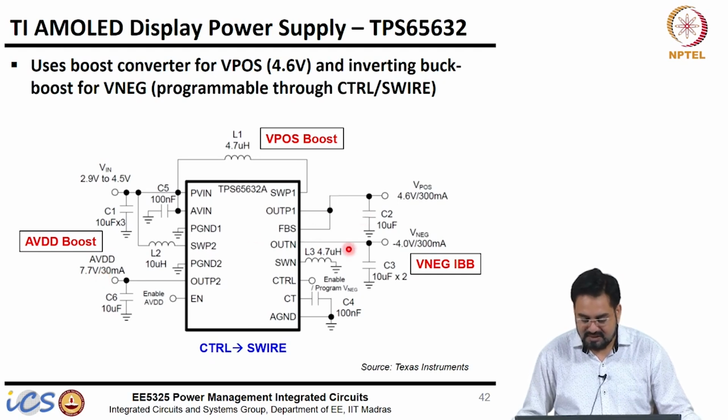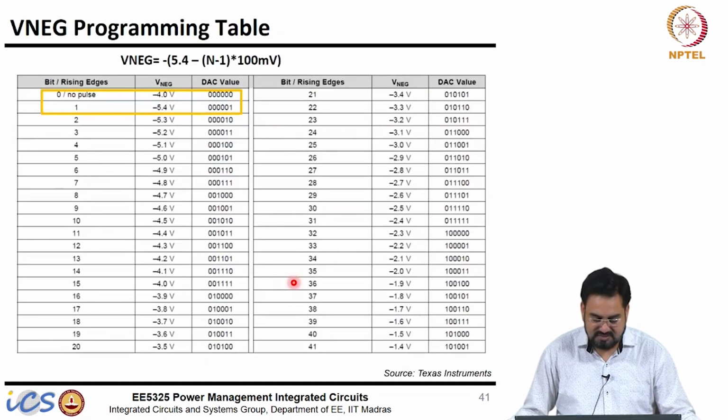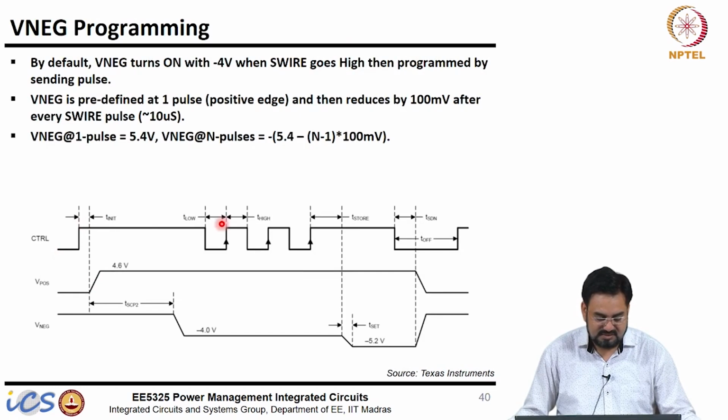On the right-hand side we have this positive boost, 4.6 volt, 300 milliamp, and this one is your negative buck-boost, which is minus 4 volt, 300 milliamp. Minus 4 volt is the default, but it can be programmed using this control signal CTRL, which is nothing but S-Wire, this one.